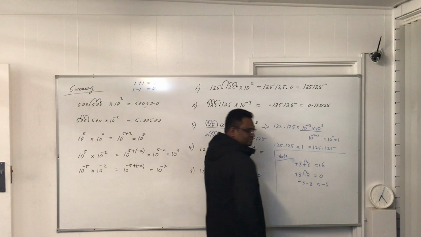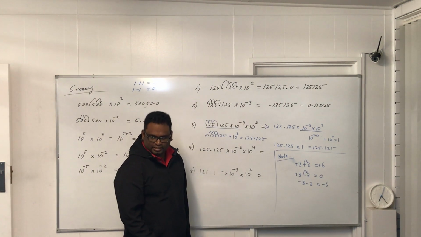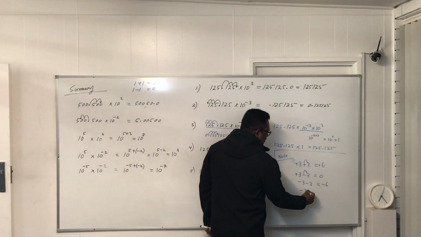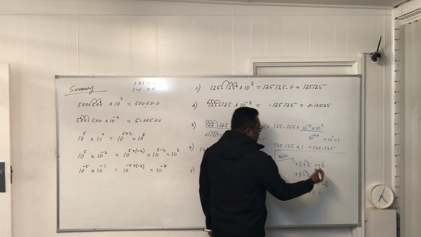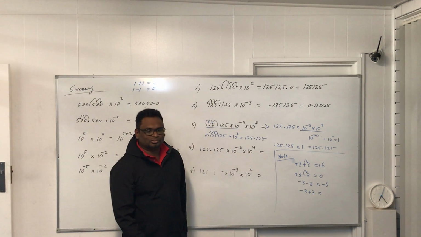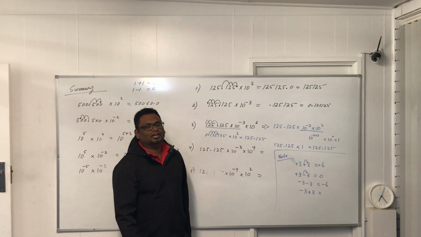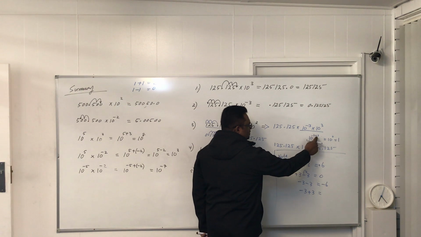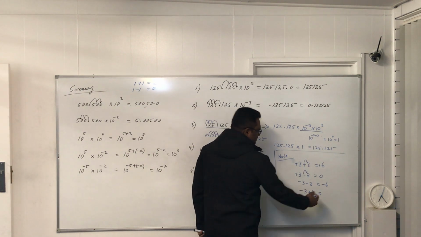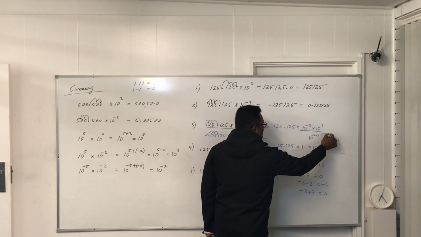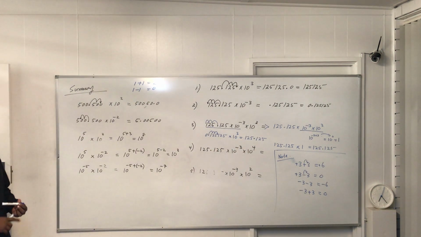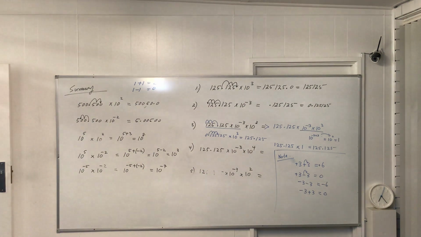Is that cool? Now if you have minus 3 plus 3, what is it? 0, because friends and enemies kill each other.